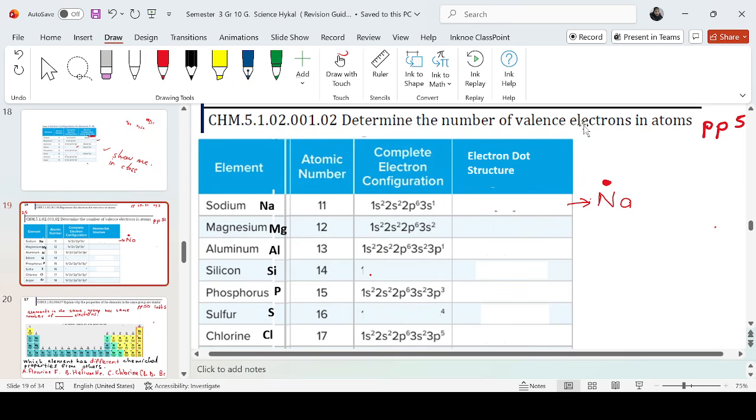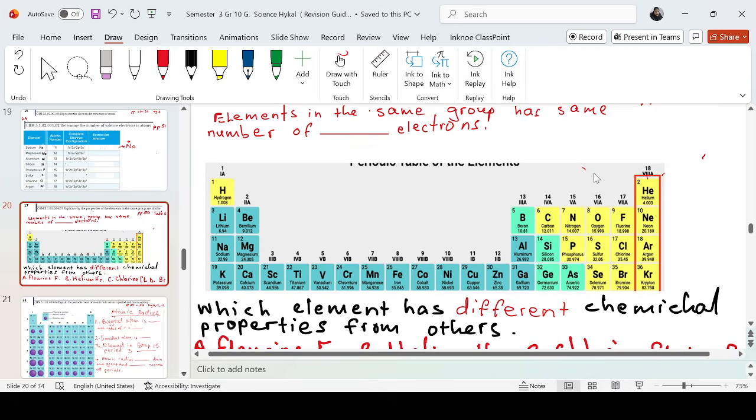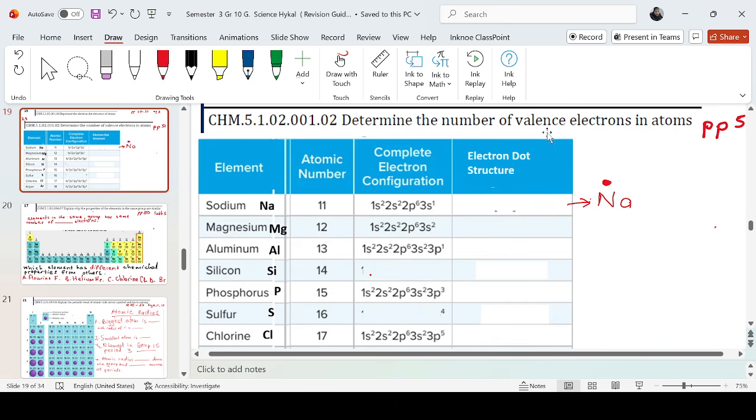Determine the valence electrons in these atoms and put it on the dot structure. Determine the number of valence.